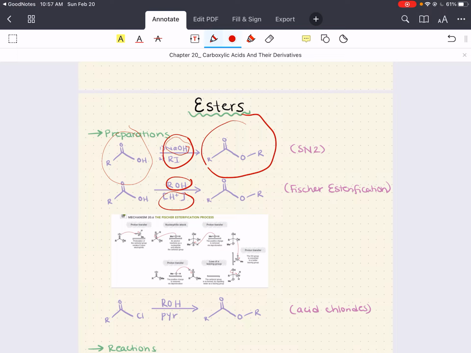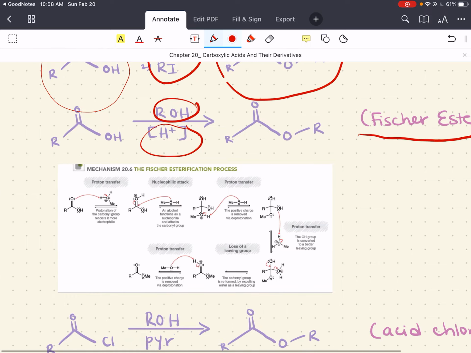Now this process specifically, treating with an alcohol and an acid catalyst to get an ester, is called Fischer esterification.